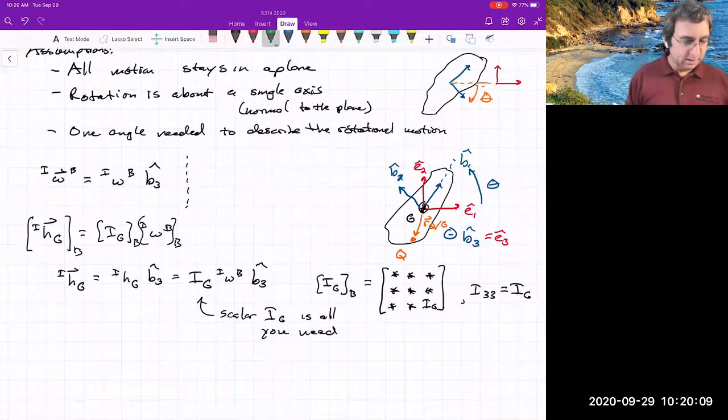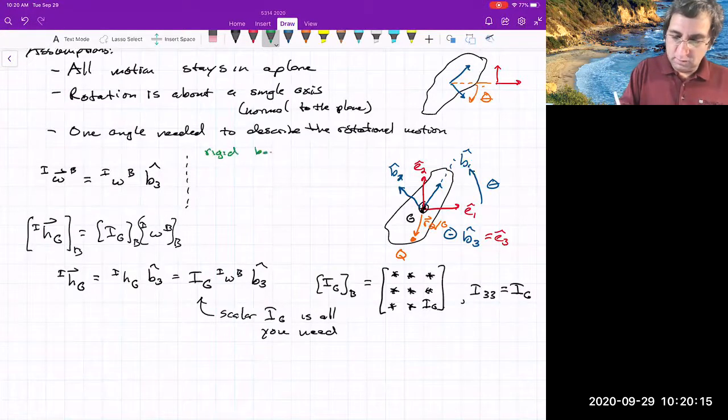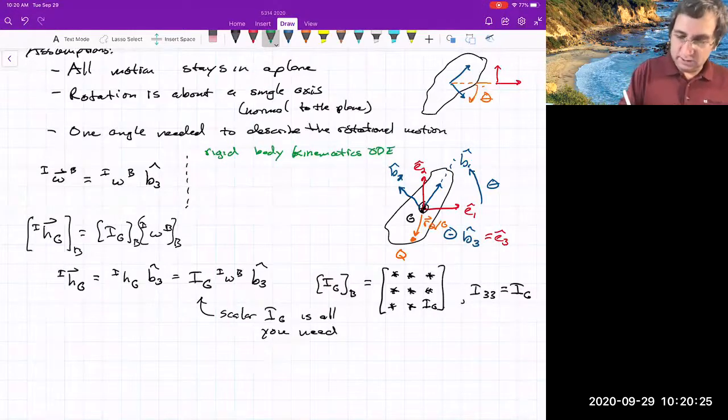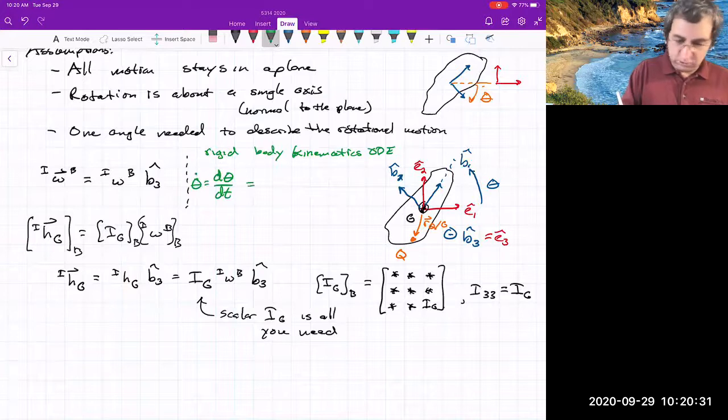The rigid body kinematics becomes quite simple. Maybe I'll put it up here. The rigid body kinematics ODE. Now that we've got this angle, d theta dt, so theta dot, is equal to I omega B, scalar.